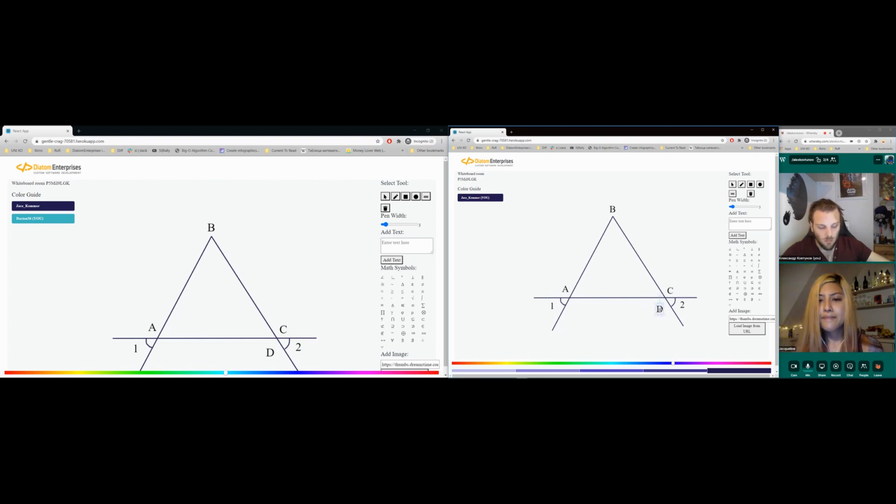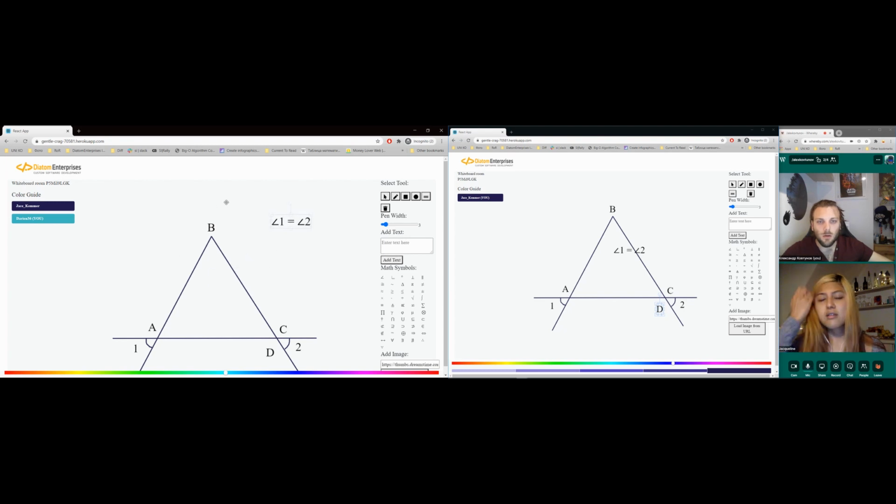Okay. So for this problem, angles 1 and 2 are set to be equal to each other. So angle 1 is equal to angle 2, right? Let me just write it down.